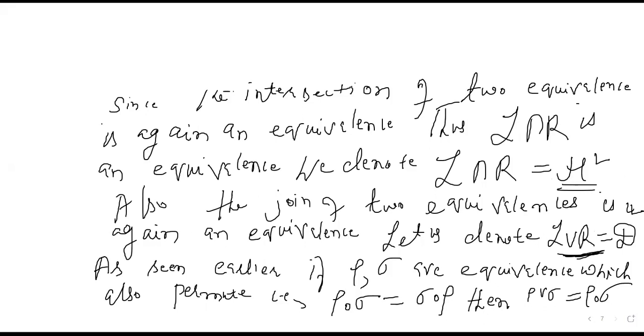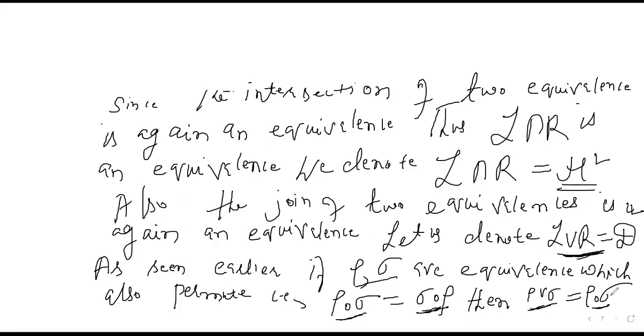ये एक वेल नोन रिजल्ट है, आपने पीछे पढ़ा है शायद, कि अगर आपके पास दो इक्विवेलेंसेस हैं और वो आपस में परम्यूट कर रहे हैं, मींस उनका कंपोजिशन रो कंपोजिशन सिग्मा सेम है सिग्मा कंपोजिशन रो के, तो उस केस में जो उनका जॉइन होता है, that join is simply their composition.